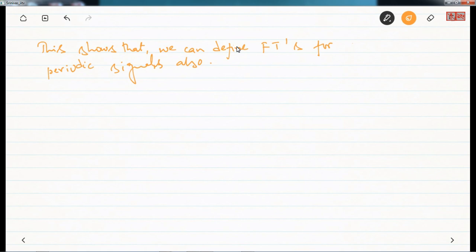We started our derivation of Fourier transforms considering only aperiodic signals, but now we are finding that even for periodic signals we can have Fourier transforms. Of course, the Fourier transform of periodic signals consists of impulse functions, like 2 pi delta of omega minus omega naught.